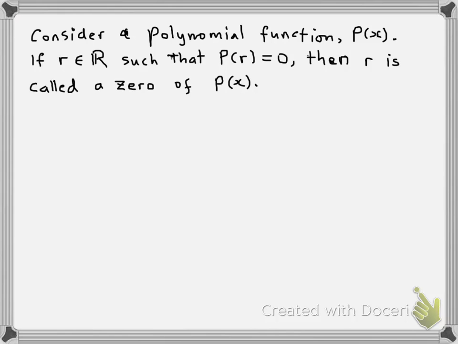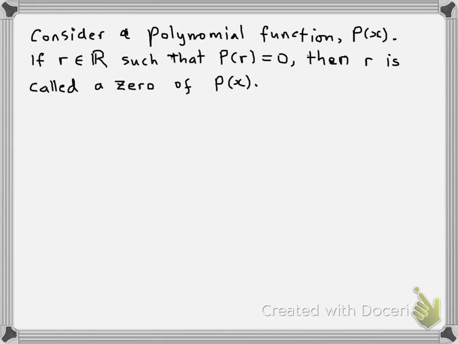Now that we know what a polynomial function is, we can talk about the zero of a polynomial function. So whenever you have a polynomial function p of x, that polynomial has a zero at r, where little r is a member of the real numbers, if p of r is equal to 0.